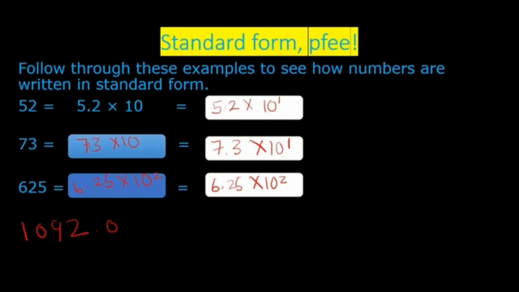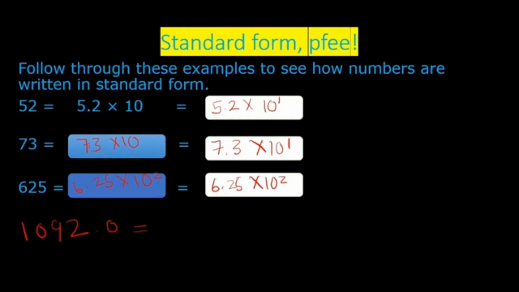So in order to convert a number to standard form easily, you can also use this method. Move the decimal point a number of places either to the right or to the left until you get a number which is from 1 up to less than 10, and then you multiply by the number of places which you moved the decimal point.